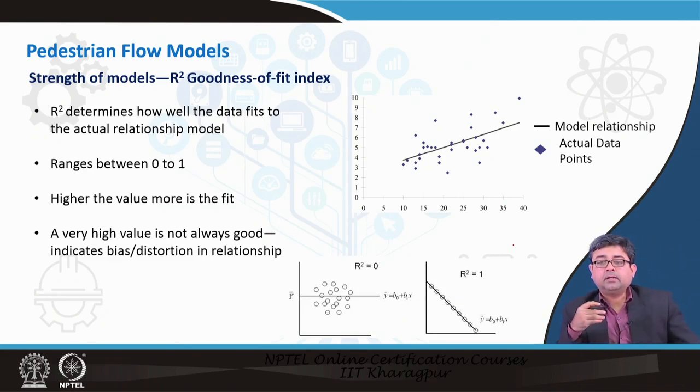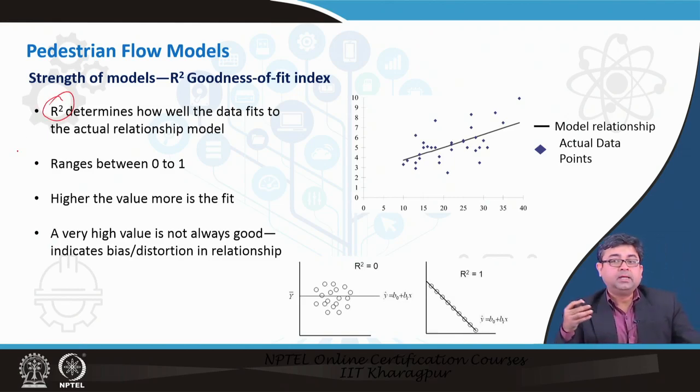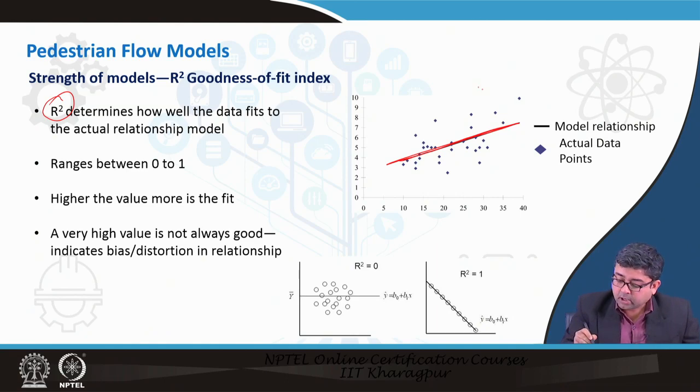Now, whenever people want to know how good the model you have developed is, they usually calculate what is called an R squared. These are all linear regression equations. For linear regression equations, what they usually want to see is a trend line like this. Is there a trend line that explains all of your data sets?